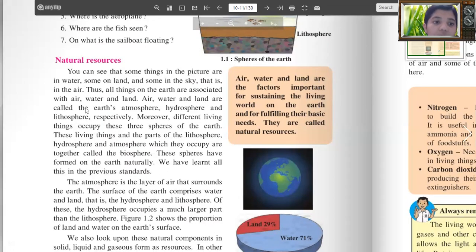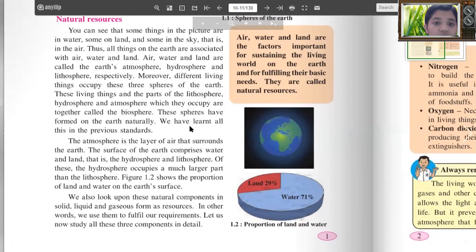Air, water, and land are called the Earth's atmosphere, hydrosphere, and lithosphere, respectively. Moreover, different living things occupy these three spheres of the earth. These living things are part of the lithosphere, hydrosphere, and atmosphere, which they occupy together, called the biosphere. These spheres have formed on the earth naturally.